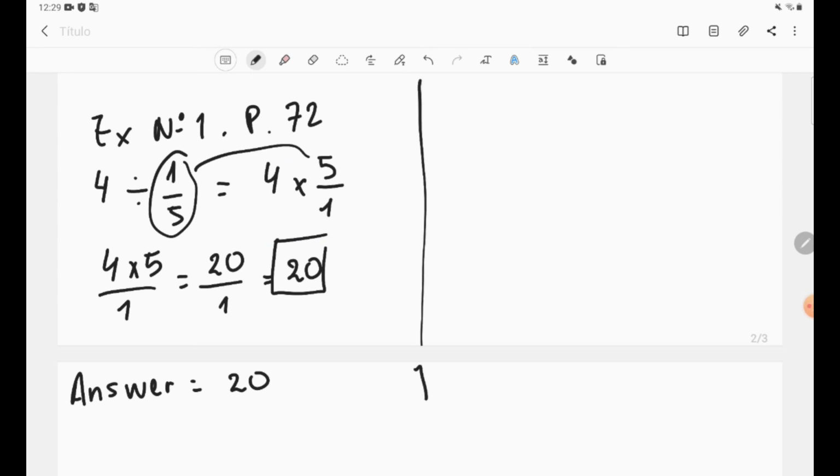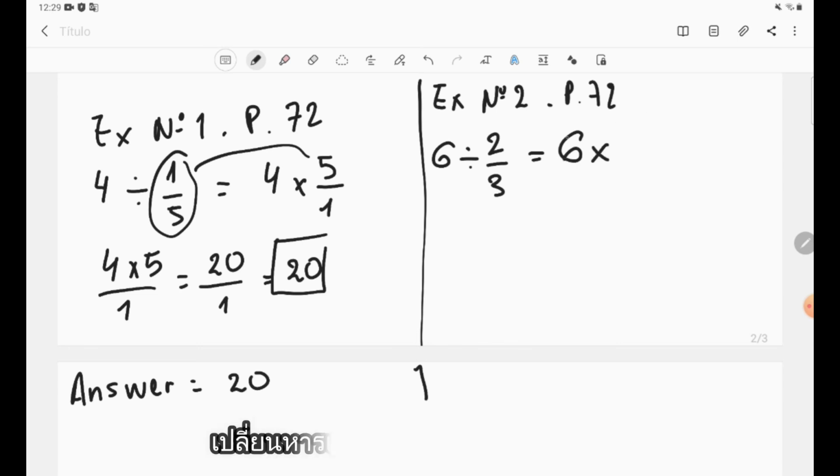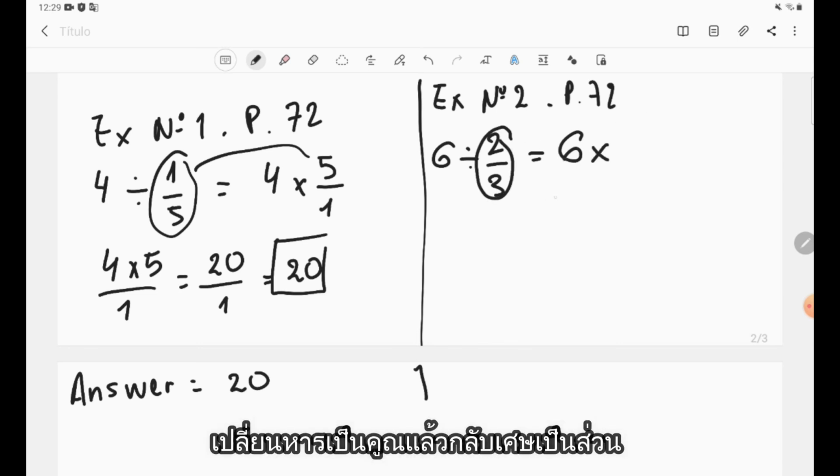Exercise number 2, page number 72. Here we have 6 divided by 2/3. As we have done before, we multiply the whole number by the reciprocal of this fraction. Number 3 here is the denominator, it goes to the numerator.